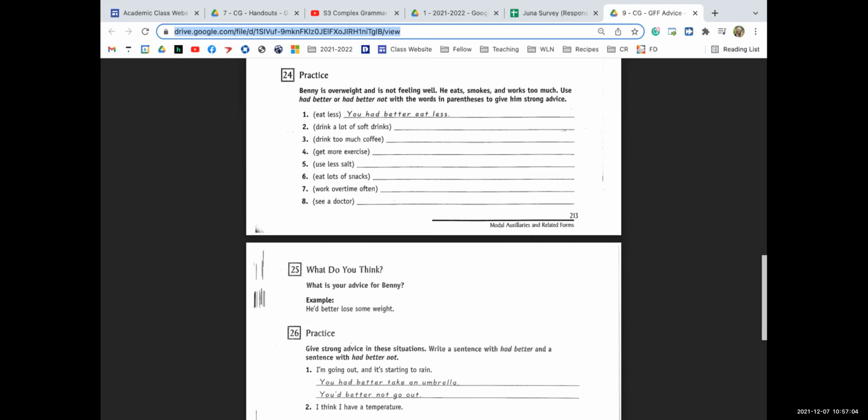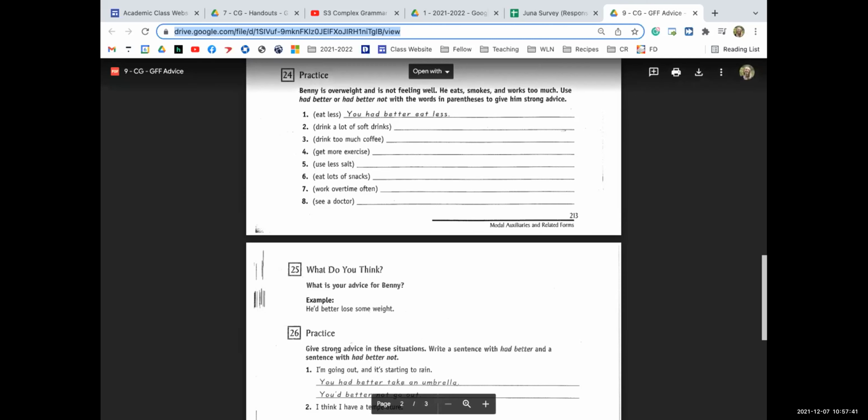Scroll down. 25. Example, what do you think? What is your advice for Benny? He had better lose some weight, and he had better not smoke. He had better walk.